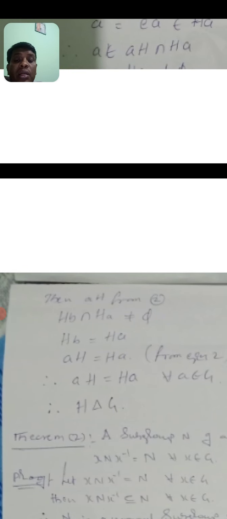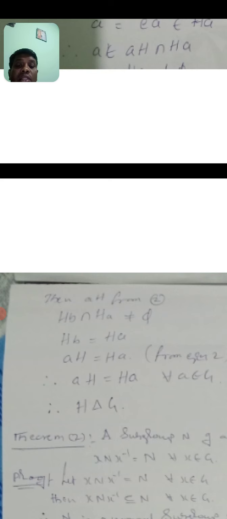Then from equation 2 we have Hb intersection Ha is non-empty, and so the right coset Hb is equal to the right coset Ha.